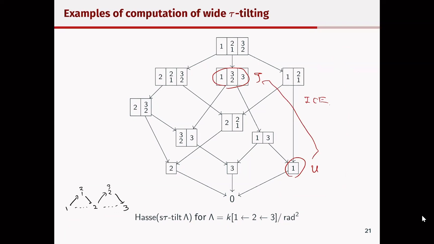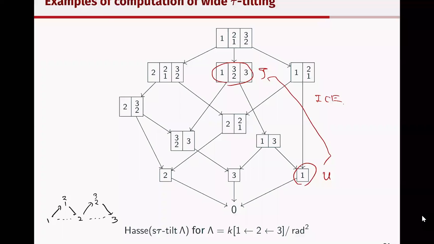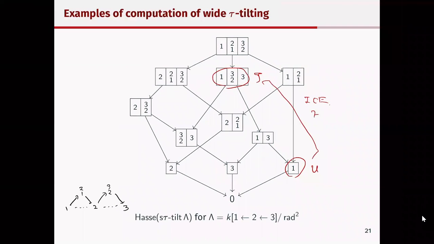The corresponding ICE closed subcategory is the hat. From the previous proposition, this is the cokernel of wide tau-tilting modules. This wide tau-tilting module is obtained by deleting all images from the map from this module to this module. So we have to delete this one, and we obtain 3, 2, and 3. This is the wide tau-tilting module.